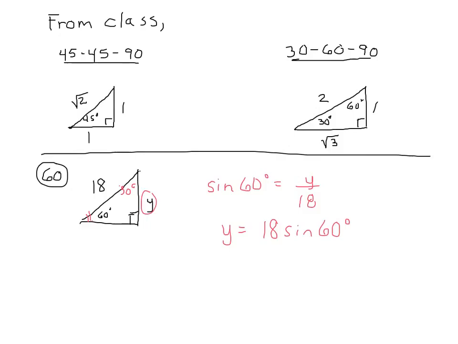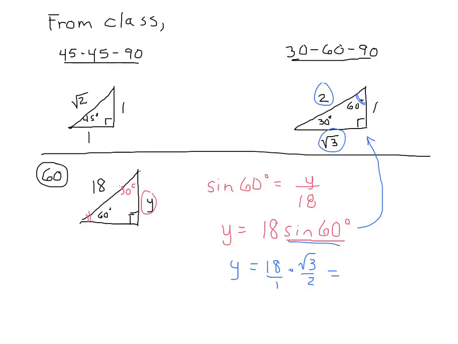Now, I don't want to grab the calculator from this point on. Sine of 60 has an exact value. That calculator is not going to give me an exact value. So I'm going to look right up here, and I'm going to say sine of 60, there's my 60, is opposite over hypotenuse. So sine of 60 is square root of 3 over 2. I'm going to multiply that by 18, and I'm going to think of that as 18 over 1.